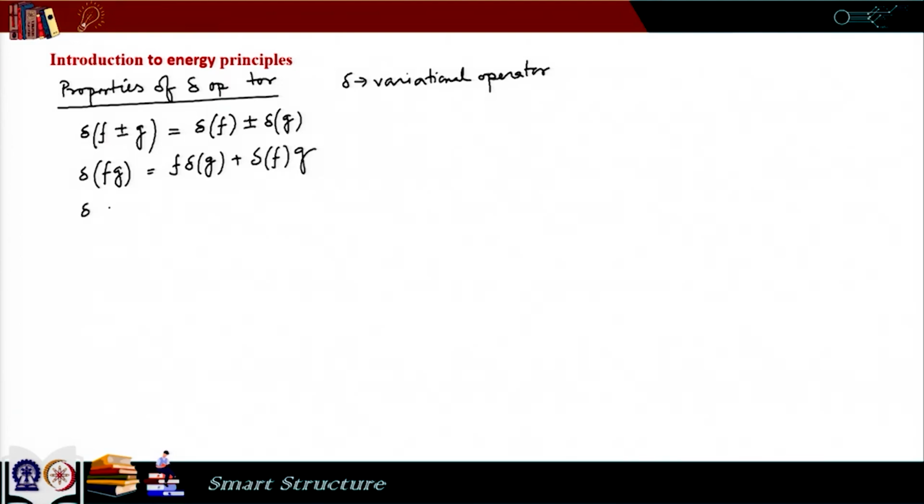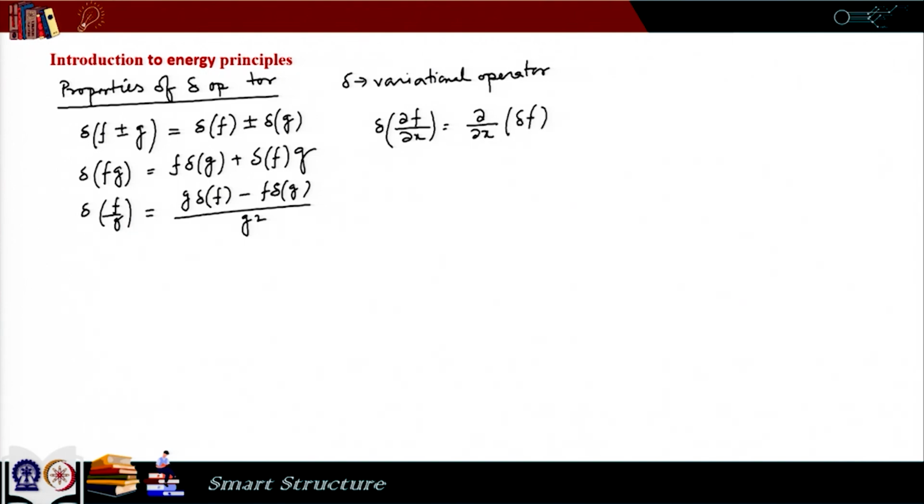The division f divided by g, and then if I want to look at the variation, it looks like this. Now, from this it can be shown that the variation of the derivative of x is equal to the derivative of the variation of f.